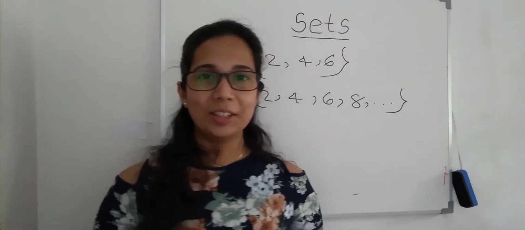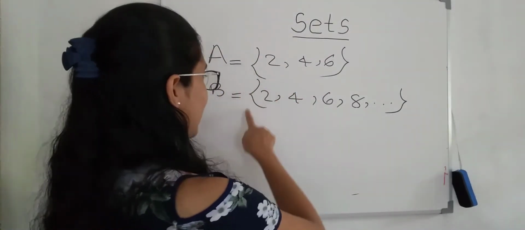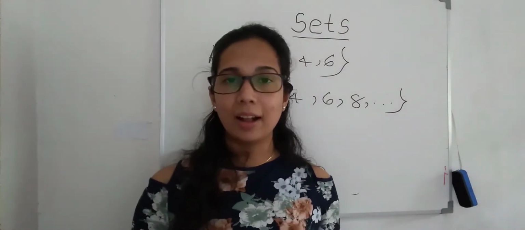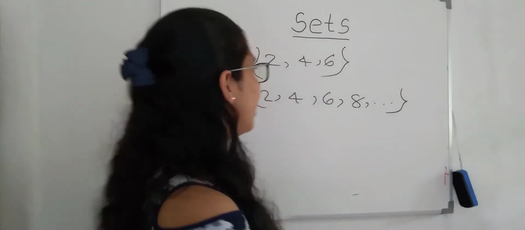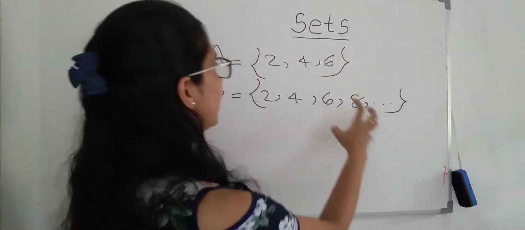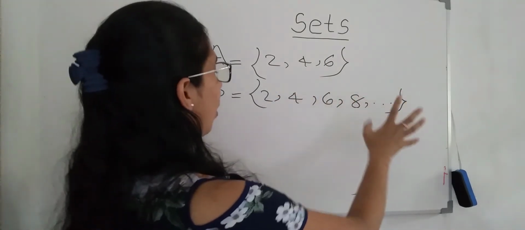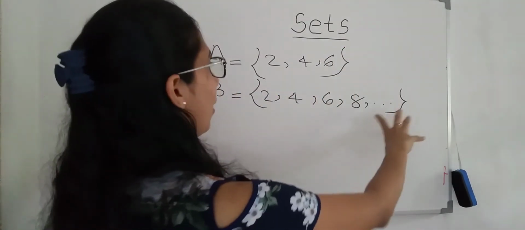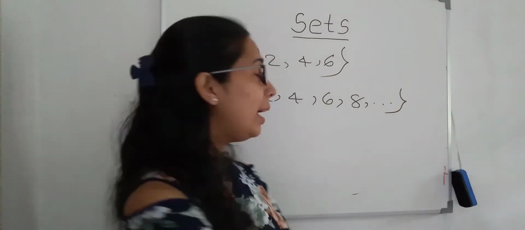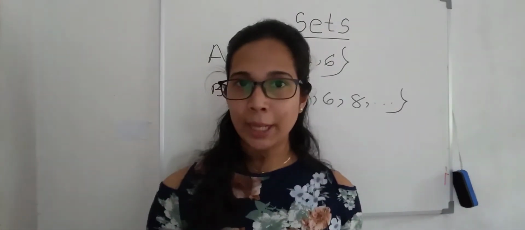Yes, we can say A is a subset of set B. What is the reason? All the elements in set A belong to set B. You can see 2, 4, 6. Because of that, we can say the set A is a subset of the set B.